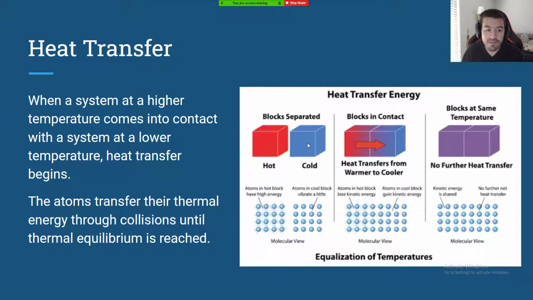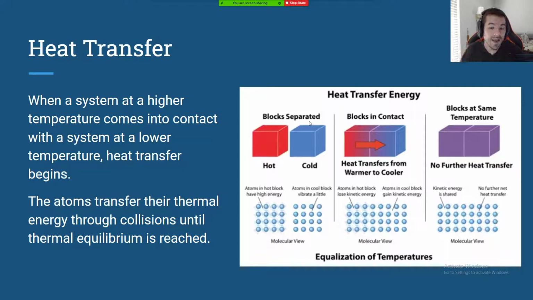That's how it works. Transfer of heat always goes from hot to cold. I like to think of it as heat trying to spread out. Eventually you're going to reach this state over here where both the blocks are the same temperature. That's called thermal equilibrium.